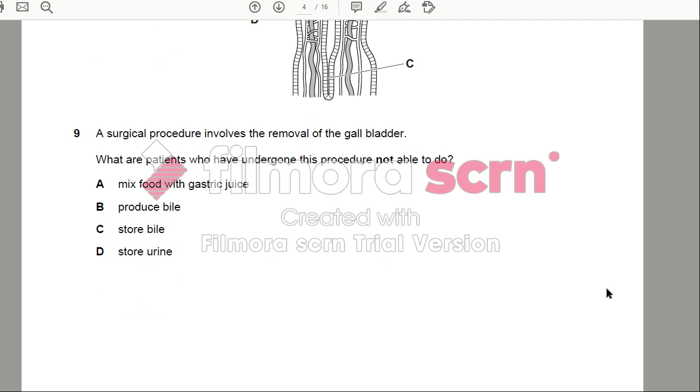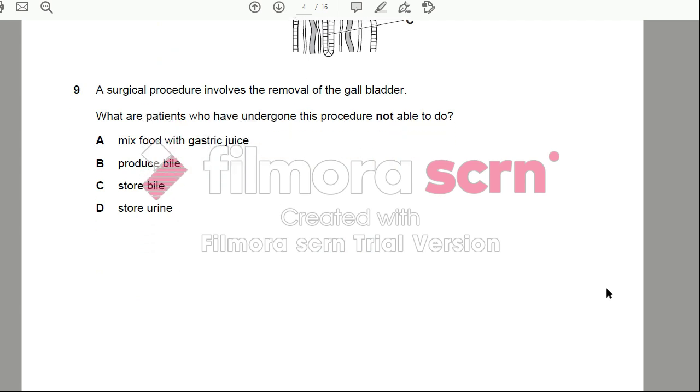Now we move to the next question, question 9. A surgical procedure involves the removal of the gallbladder. First we see the position and function of the gallbladder. The gallbladder is located inside our liver. What is the function of the gallbladder?